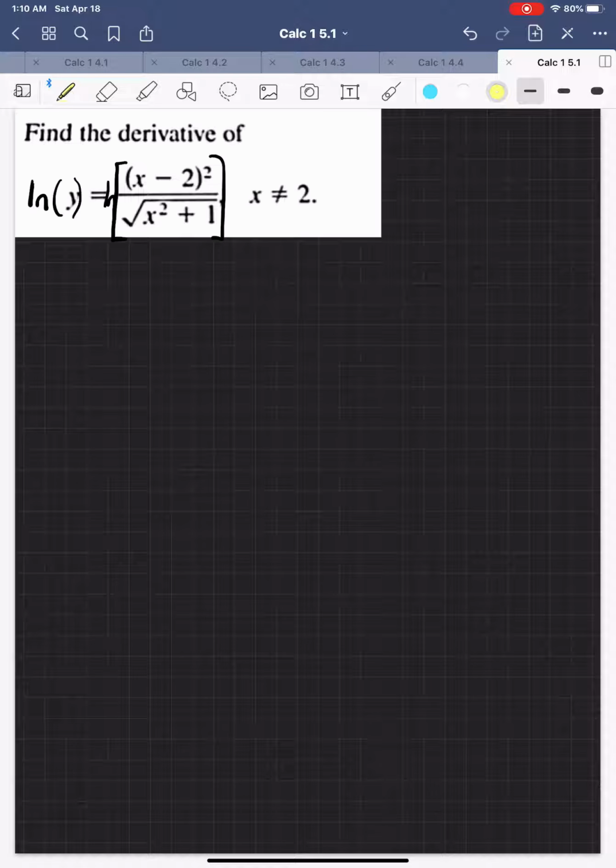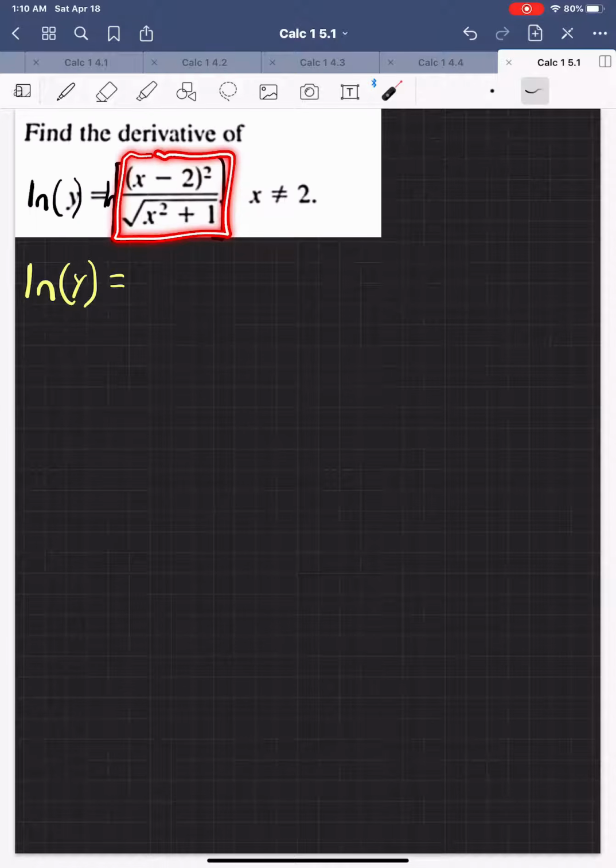Okay, so let me now just go ahead and rewrite this using the log property. So that's ln of y is equal to, now will you allow me to just go ahead and simplify this, right? I mean, you got a quotient rule, ln of a minus ln of b. You got to bring the 2 out front.